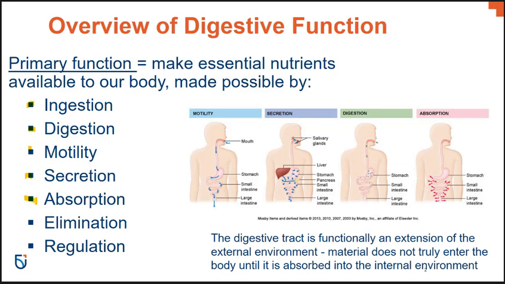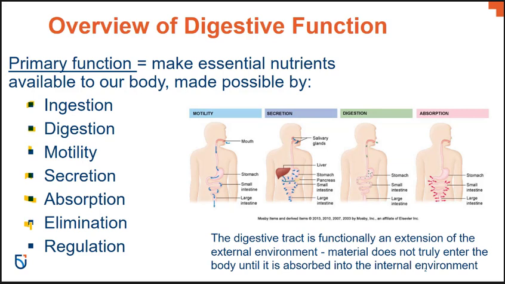Absorption. This is the movement of the digested nutrients through the gastrointestinal mucosa and into your internal environment, because remember that the digestive tract is really an extension of your external environment. Even though it's inside your body, it is considered part of the external environment, and material or nutrients do not become part of your internal environment until we actually absorb it.